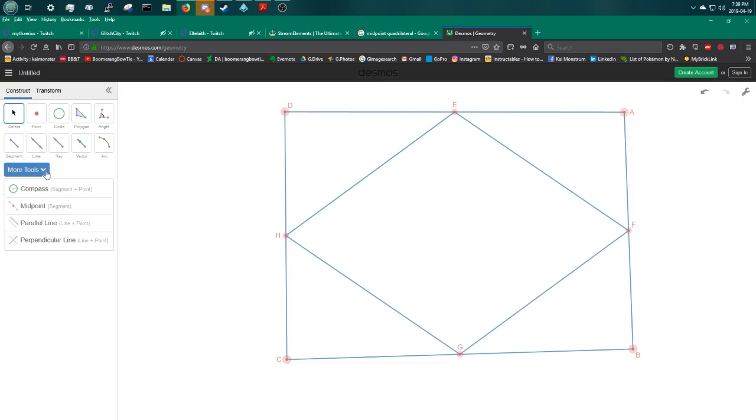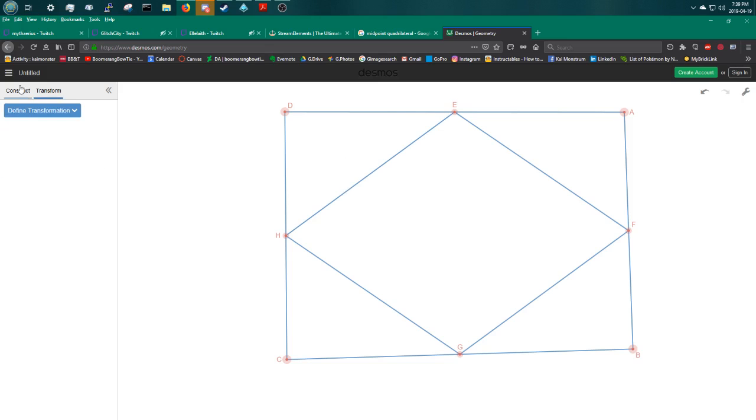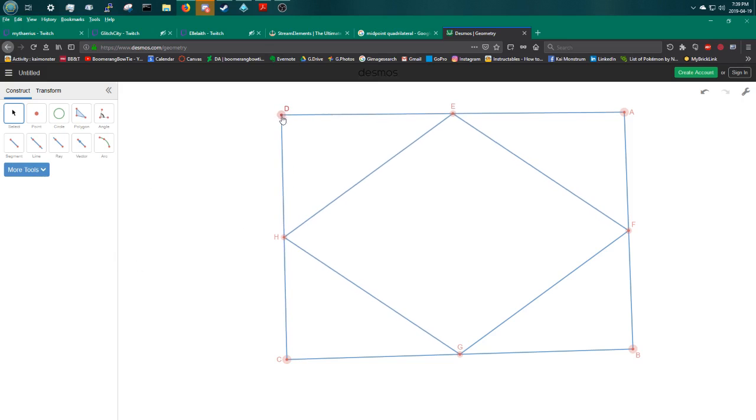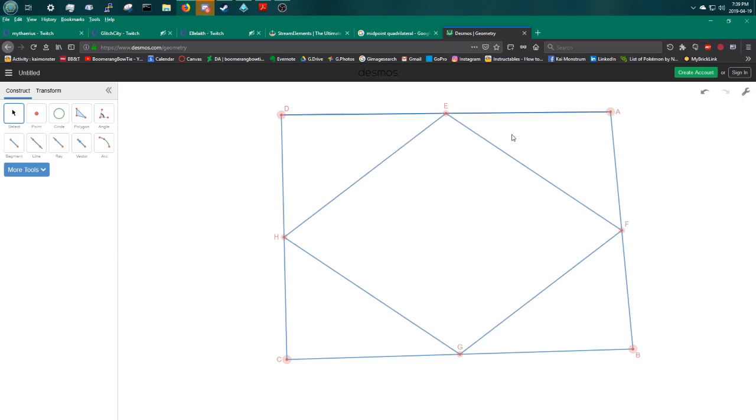I'm going to make a conjecture that the length of the sides of each of these triangles, the length from here to here is the same, and the length from here to here is the same, and the length from here to here is the same. Therefore, these triangles should have ratios that are all the same. So let's take a look at that.